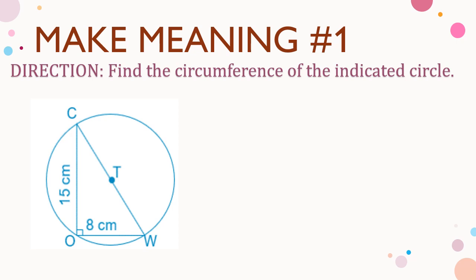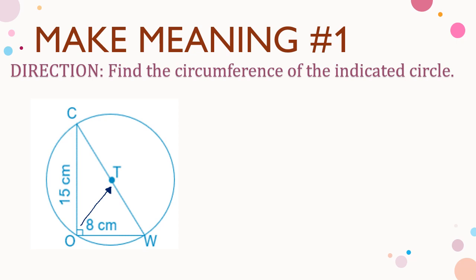The two sides of the given right triangle are given, which are 15 and 8 centimeters. The hypotenuse is the side opposite our 90-degree angle. Therefore, we can use the Pythagorean theorem to find the measure of this hypotenuse. And our hypotenuse is considered our diameter as well.